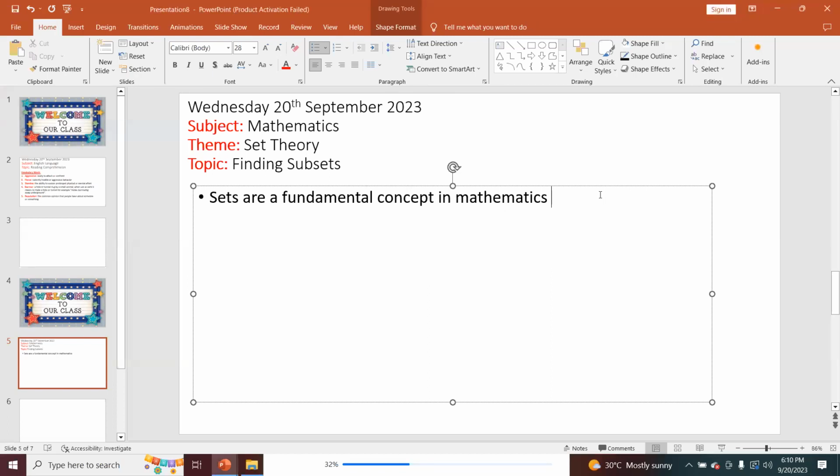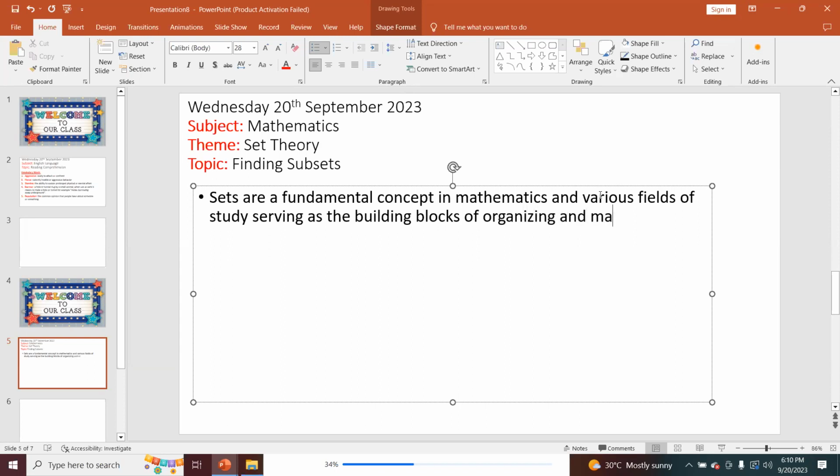In fact, we cannot do maths without sets, right? And various fields of study, serving as the building blocks of organizing and manipulating collections of objects.